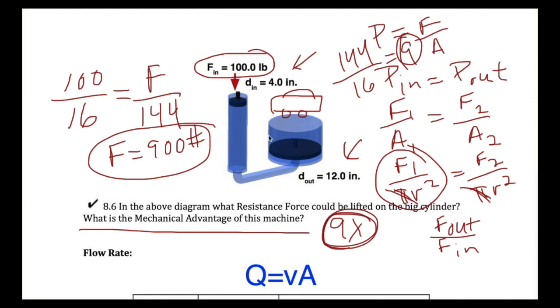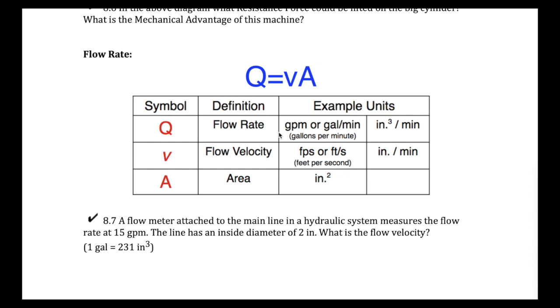Okay. All right. Another thing we have is called flow rate. Flow rate. Q equals V times A. So what is this? Flow rate is how much volume is flowing per time. Okay. So like you'll see there's units, gallons per minute, or we have inches cubed per minute, either way.